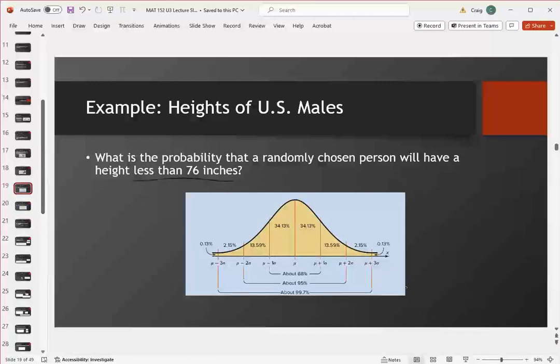What if we were looking for a height less than 76? Well, again, 70, 73, 76. Less than 76 is everything over here. There's a couple of ways that you can do this to find all of this area. But we know that it has to add up to 1 or 100%.